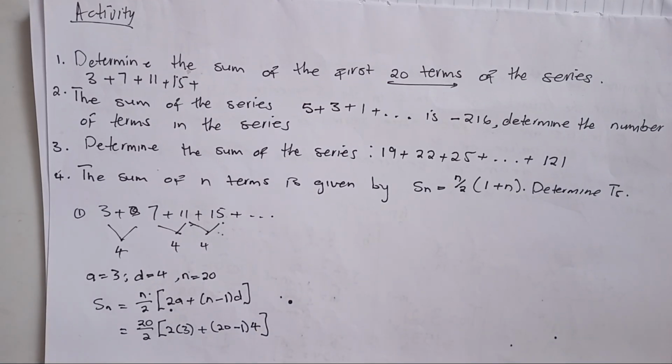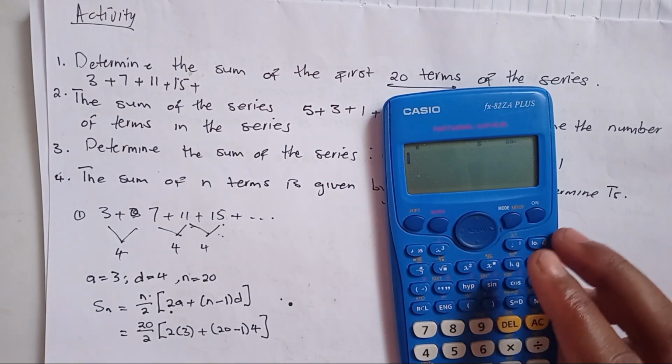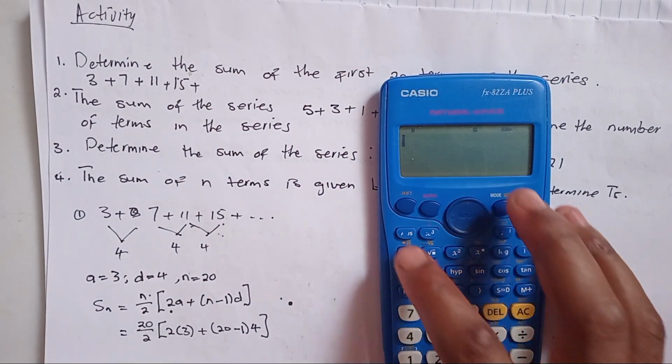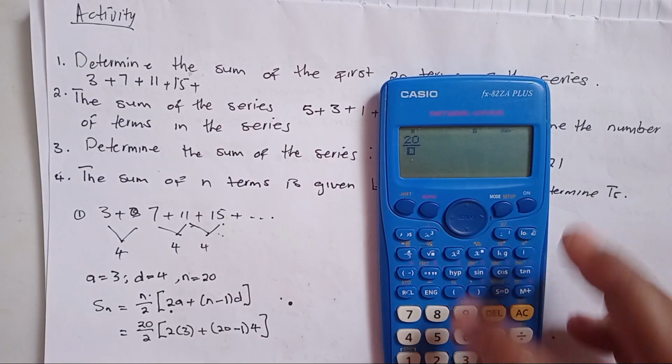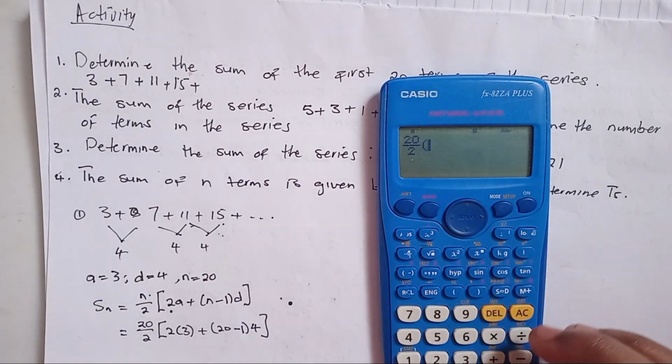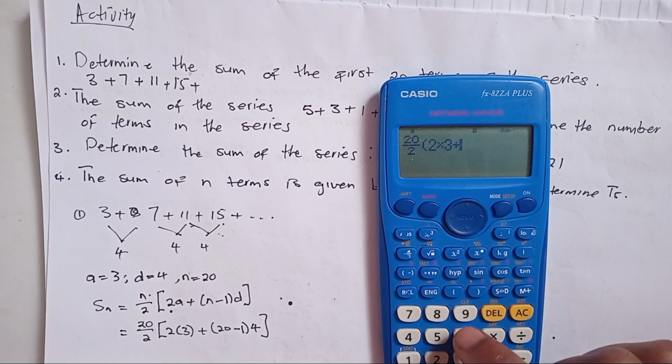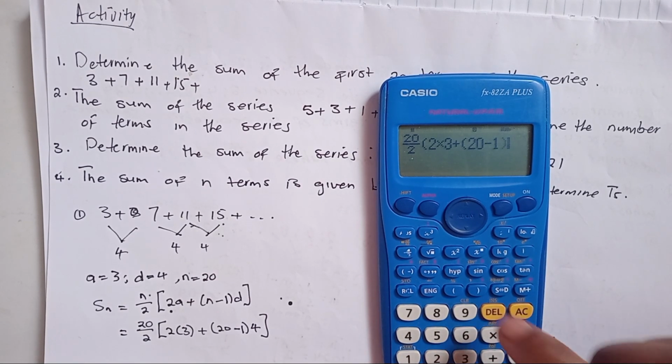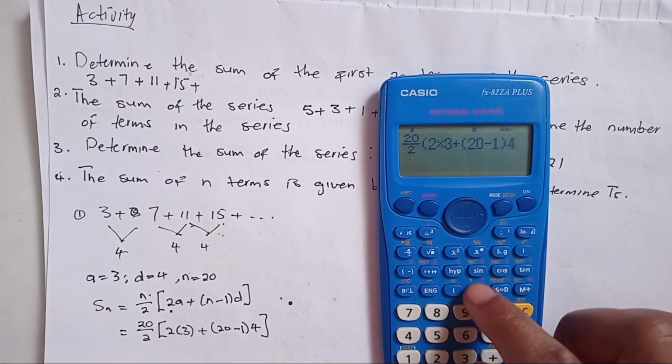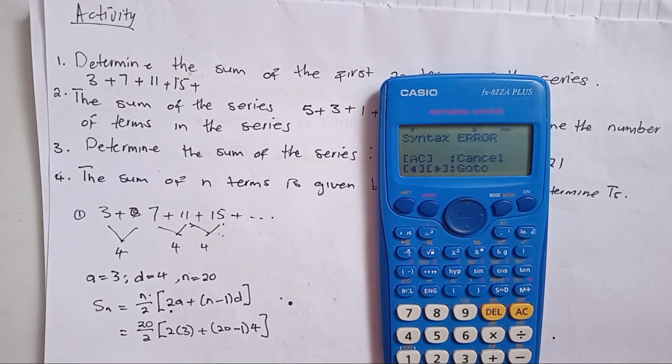And then from there, we put the whole thing into the calculator and see what the answer will be. Very simple. 20 divided by 2, brackets, 2 times 3 plus 20 minus 1 multiplied by 4, and then we close.